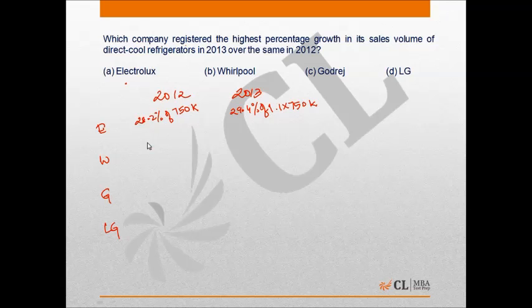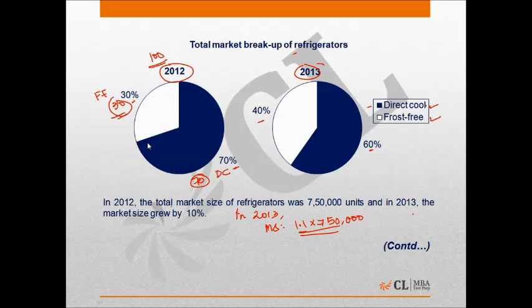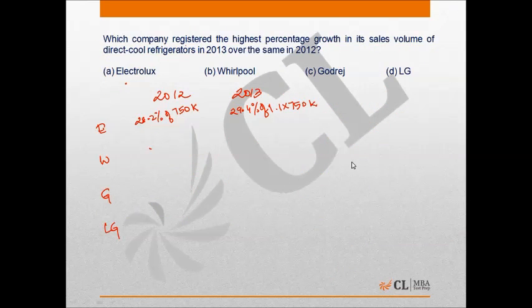Next is Whirlpool. Whirlpool is 24.8%, and this is 26.8% in the next year. So I'm putting down all the values. I have already written them, so this will save us time. 24.8% of 750k, and this is 26.8% of 1.1 of 750k.